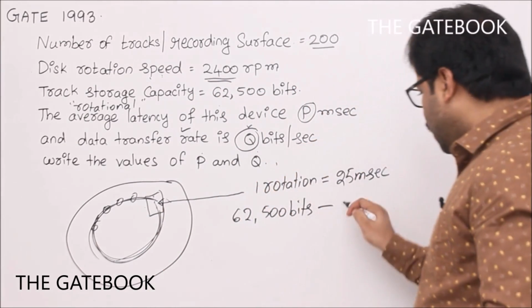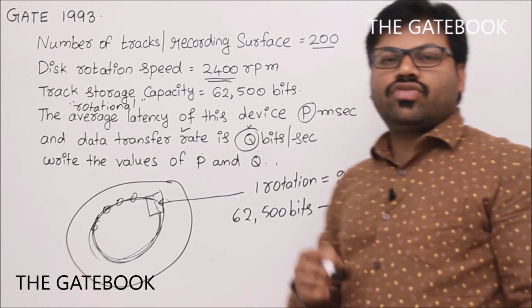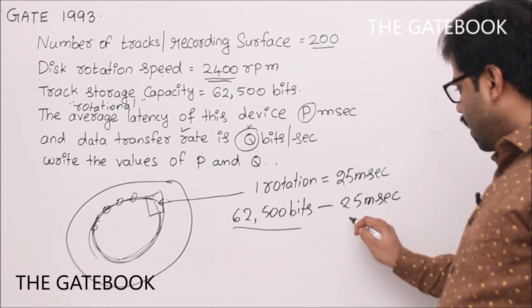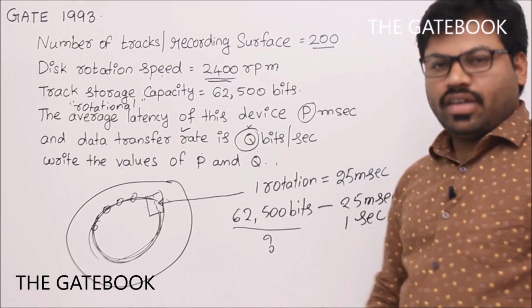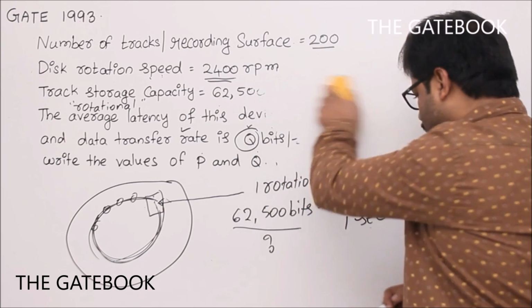So one full rotation time is 25 milliseconds. So this is your data transfer speed, right? So 62,500 bits per 25 milliseconds. Then for 1 second, how many bits can we take?